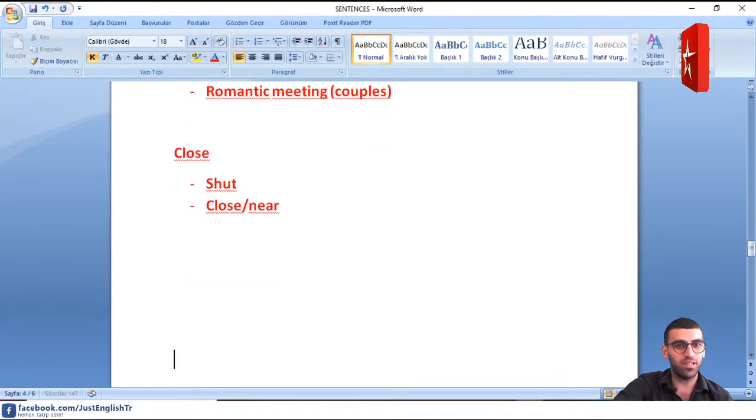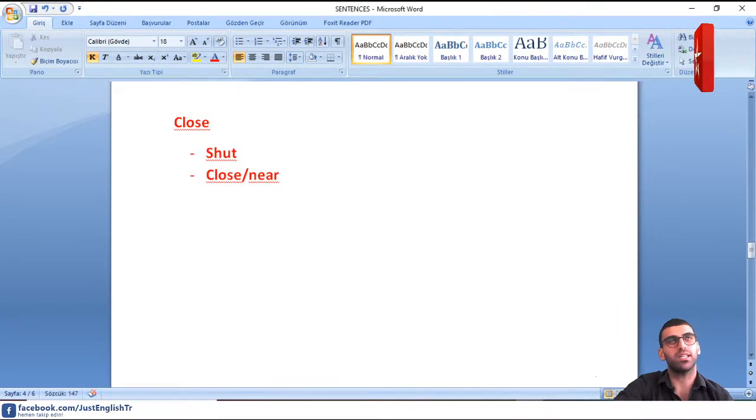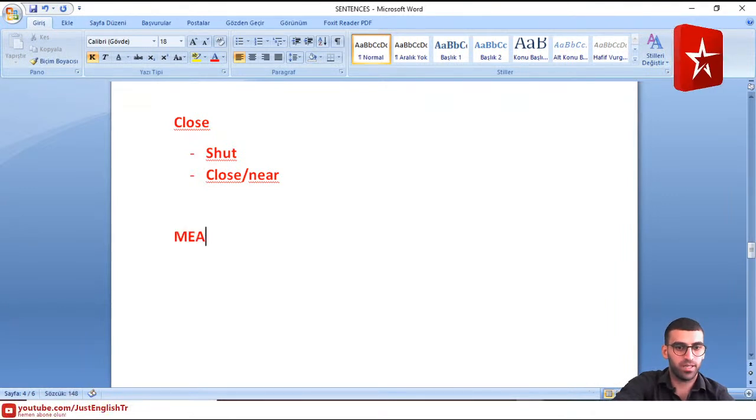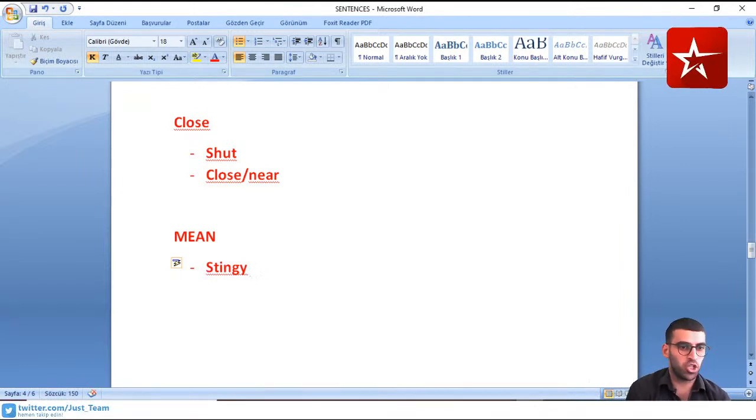Another word. Can you tell me just one word that has different meanings? For example, mean. Mean has different meanings. The first one is stingy, like people who are not willing to spend money. For example, you and your friend go to a restaurant together and your friend is stingy, your friend is mean.